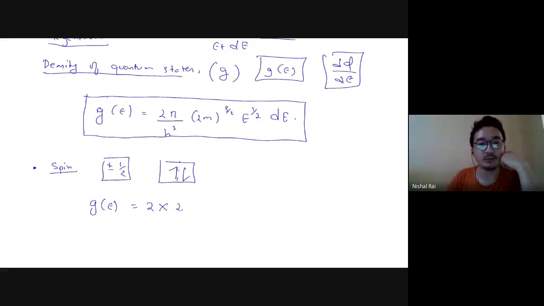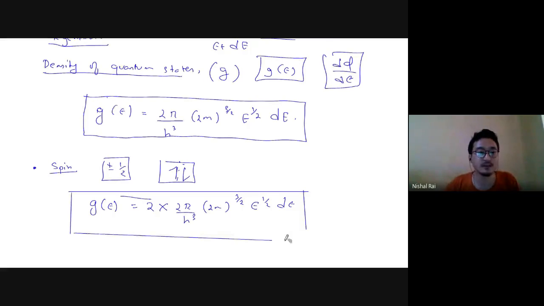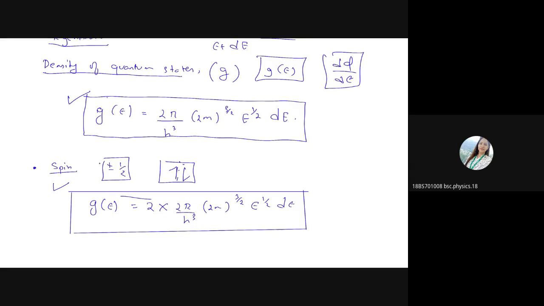Here, it will be 2 times 2 pi by h cube, 2m. So that's why you will multiply by 2. Is it clear? This is with spin, this is without spin, because the spin will add one more additional state for each and every state. So that's why it will be doubled. Is it clear till here? Yes, sir.